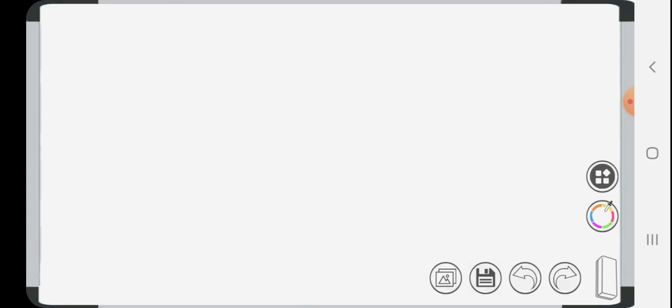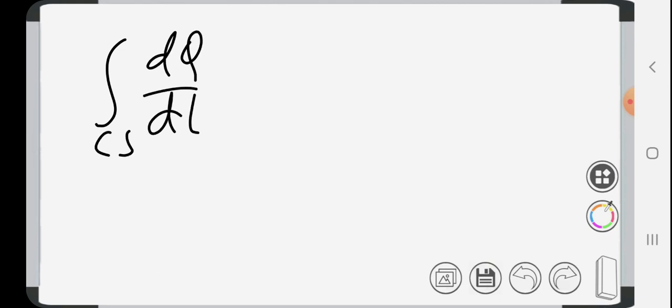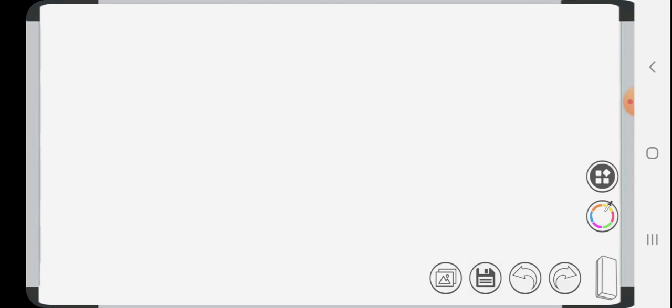So for a particular control volume, you can write it like this.